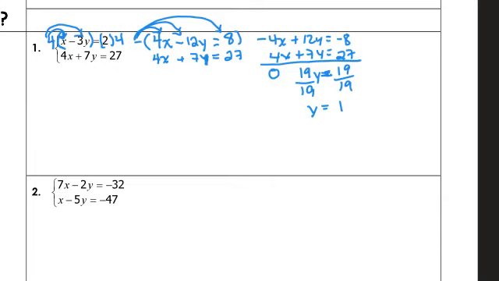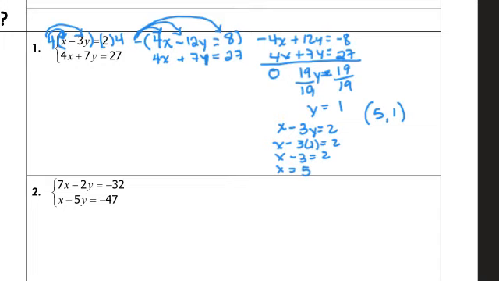Now I substitute back in, because we're just never going to get away from Mr. Substitution, aren't we? And that is x minus 3 times 1 equals 2, x minus 3 equals 2, x equals 5. Because I add 3 to both sides to eliminate the negative 3. And my final ordered pair is 5, 1.